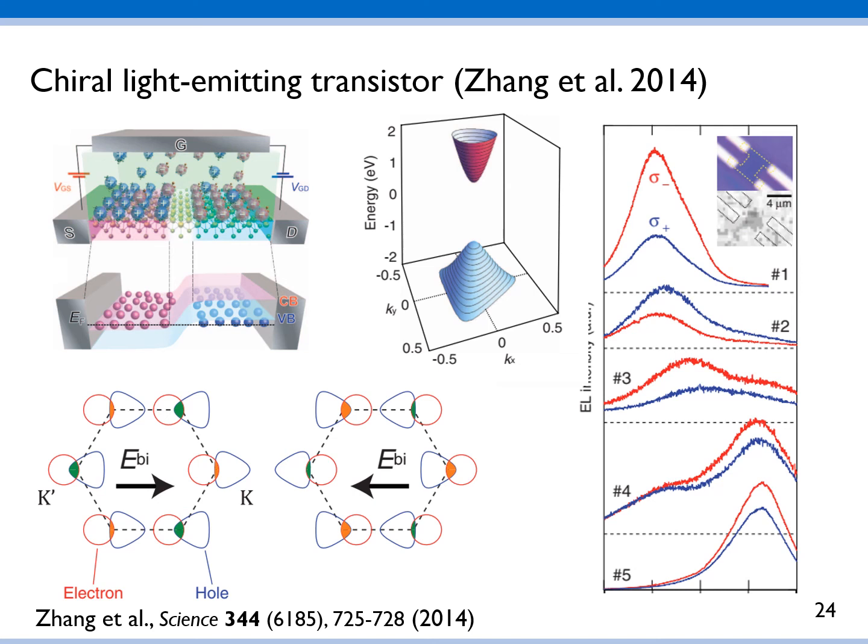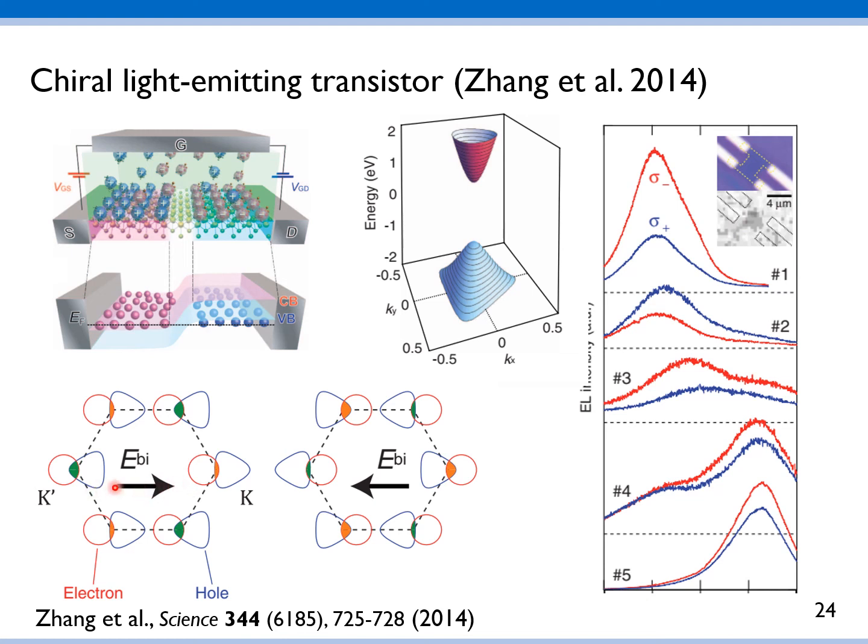Then another very interesting thing to note is that this effect cannot be explained by any Valley Hall effect, but instead the degree of circular polarization they get from the electroluminescence comes because of the shape of the valence band. So you can see that this has a kind of triangular shape, and because of this irregular shape, while the conduction band has a normal round shape, there is a different overlap in the different valleys depending on what direction the electric field is in which you apply it.